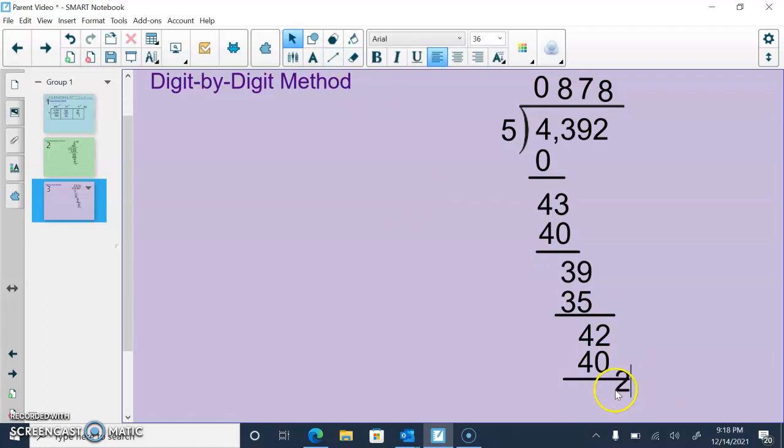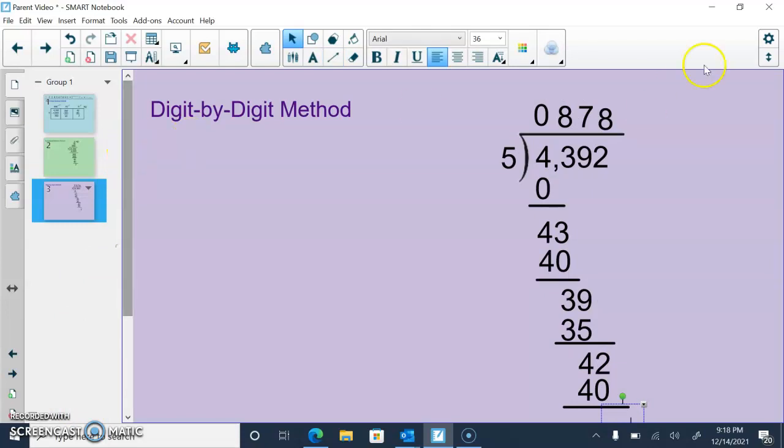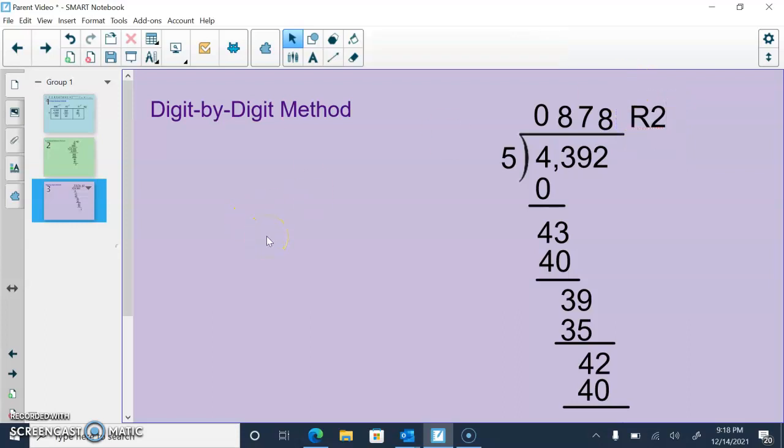We have 2 left over, so we go up to our quotient, and we put remainder 2. So all 3 methods get you the same answer. All 3 methods work. It's just a question of where your child's brain is at this point.